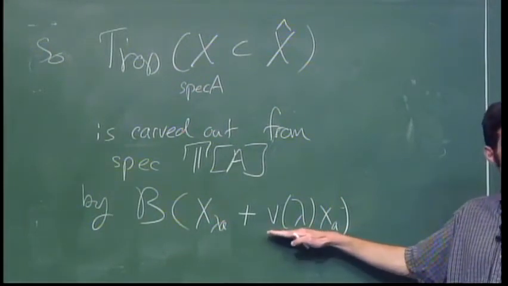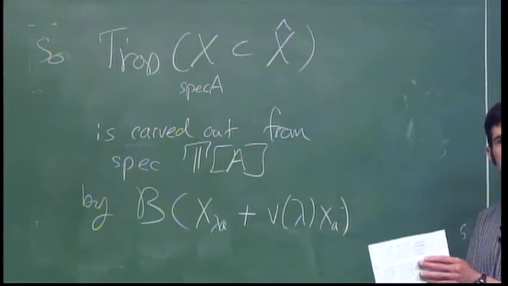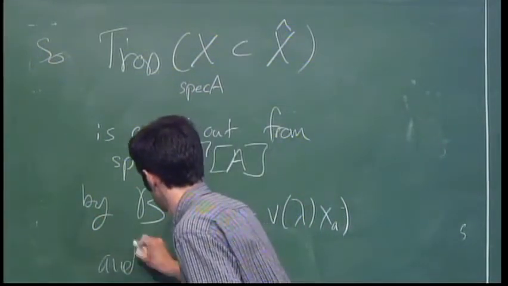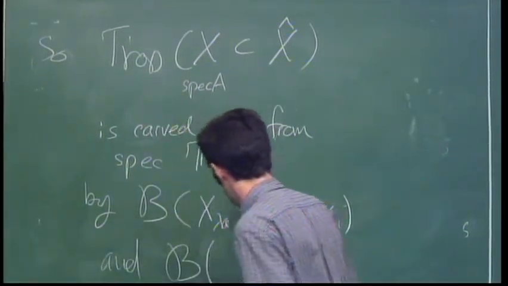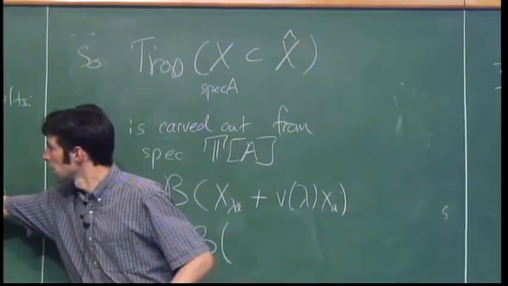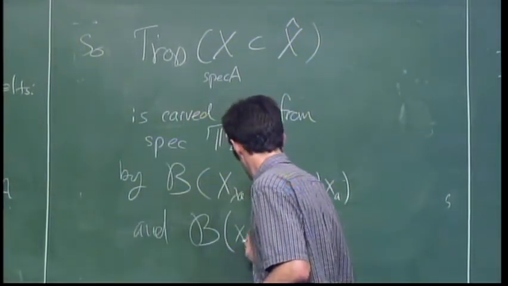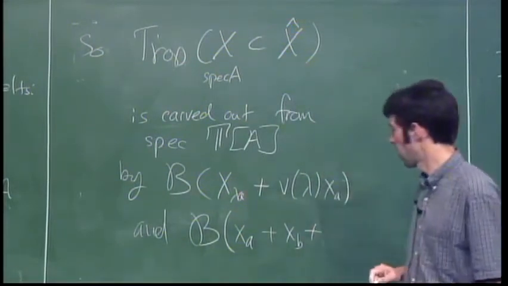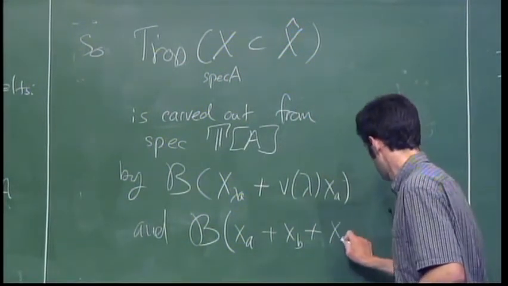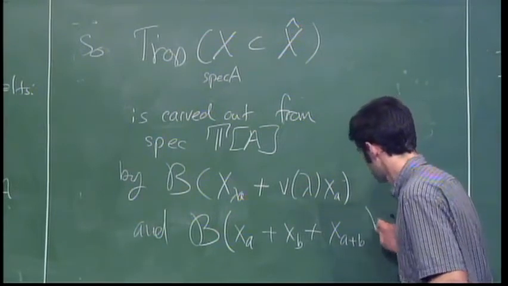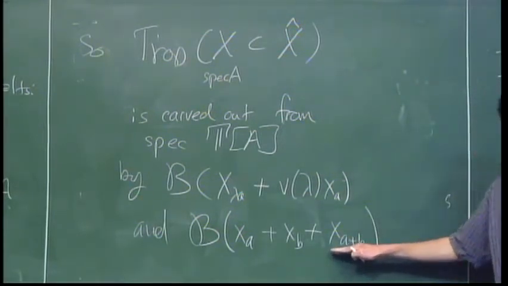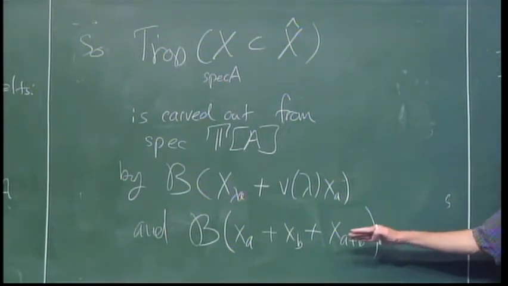And so that relation is expressing compatibility with the valuation on the ground field K. And the bend relations coming from these guys, x sub A plus x sub B, now I really can write x sub A plus x sub B plus x sub A plus B, and these bend relations are expressing exactly the subadditivity.